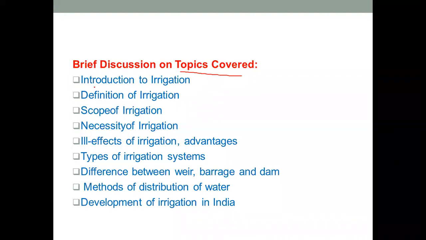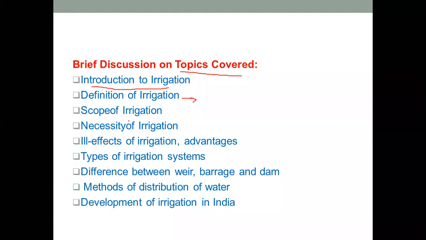So first, we saw a brief introduction to irrigation. What is irrigation? Why is irrigation required? Then we saw the definition of irrigation. It is nothing but the artificial application of water to the agricultural field.